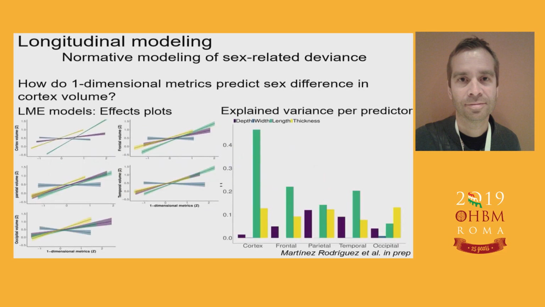We see on the left-hand side in this effects plot that all but one of the one-dimensional metrics significantly predict this difference in the deviation in volume between males and females. But if we look at the explained variance per predictor, we can see that sulcal length by far, at least at the cortex level, predicts deviation in cortical volume, meaning that of our four one-dimensional metrics, it is really sulcal length that best represents the difference in volume between males and females.